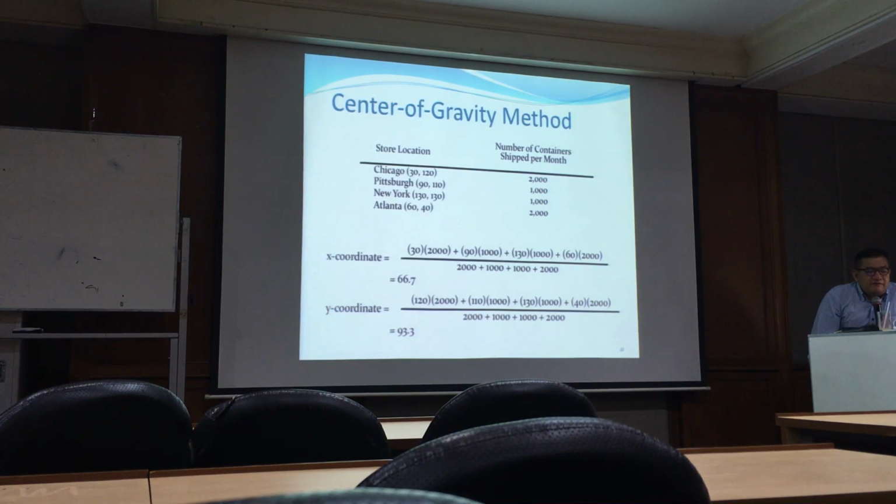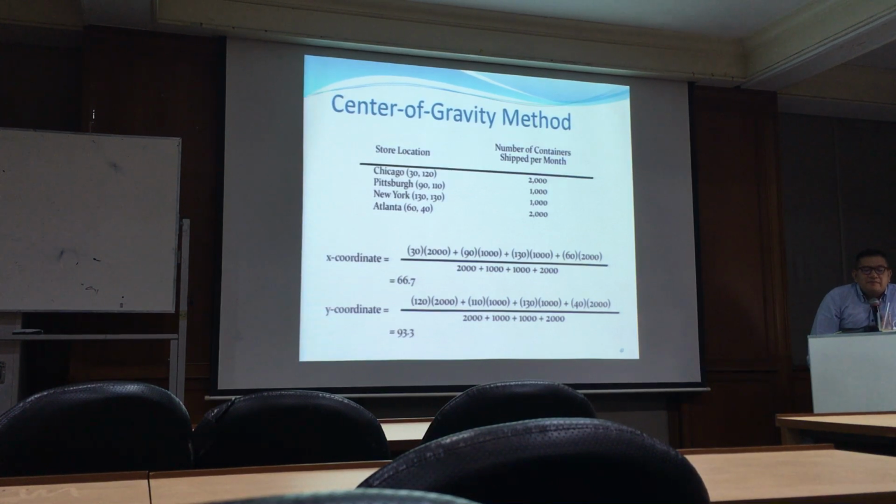So from the formula, we try to find the x coordinate and y coordinate. For the x coordinate, we use the number of units multiplied by the x coordinate for that destination and sum up all together, and then divide by the total quantity that we deliver to all the destinations. So in this case, you have 66.7.